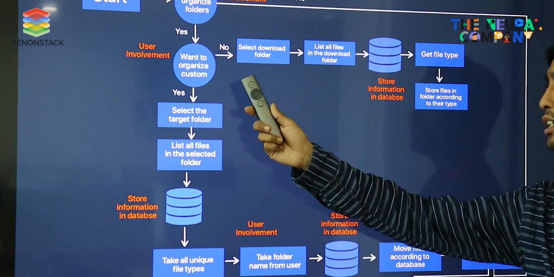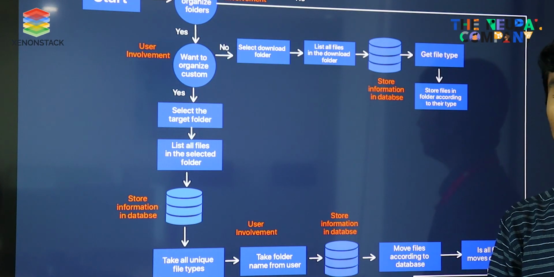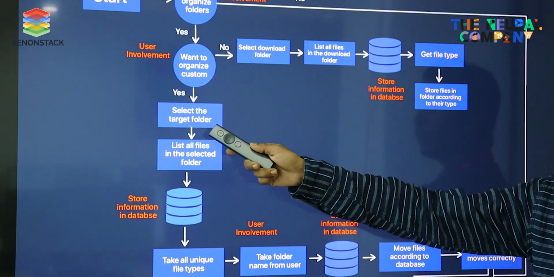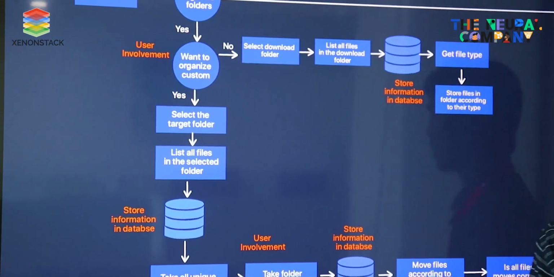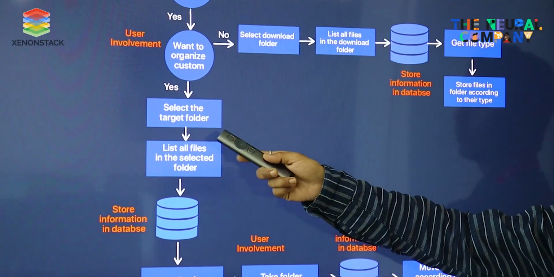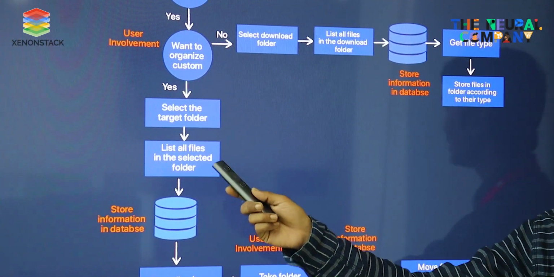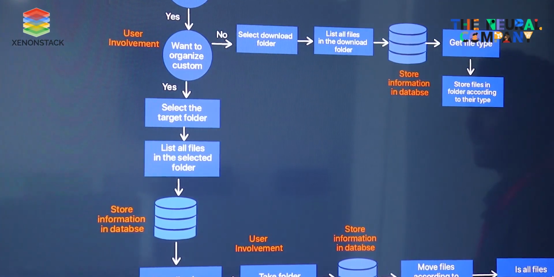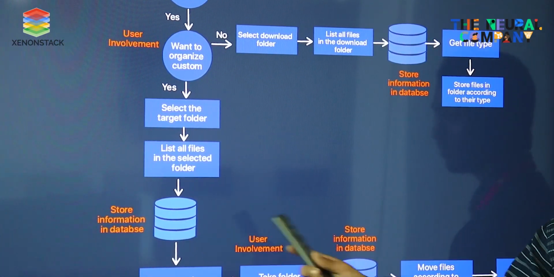If the user agrees to organize the folders custom, then the user will get an option to select a specific folder. When the user selects the folder, all the files in that folder will be listed and that information will be stored in the database.